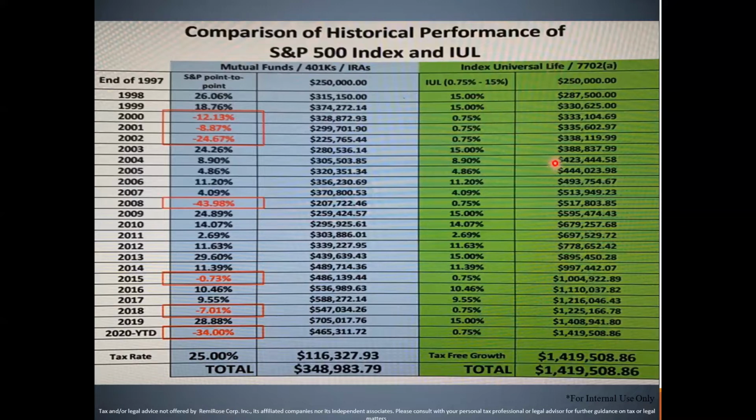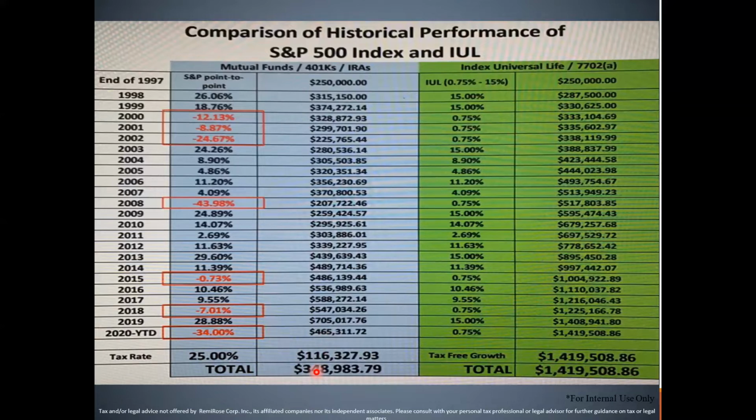That's why you see on the green side, it's an example of somebody who had $250,000 at the end of 1997 and grows that money using a 7702 account. At the end of 2020, he's able to go home with $1.4 million, whereas on the other side, he's able to go home with just a little bit over the $250,000 he initially started with. That is almost 20 years ago.